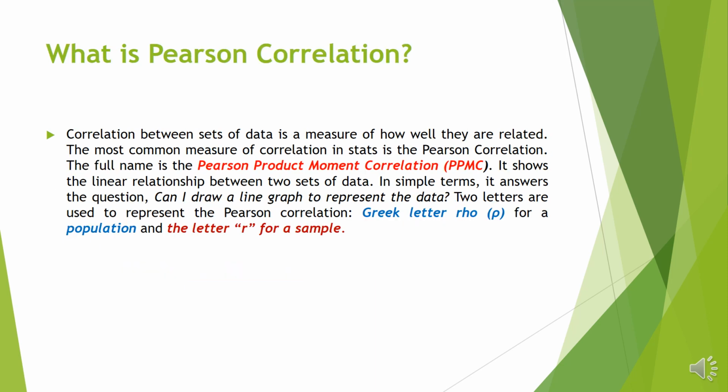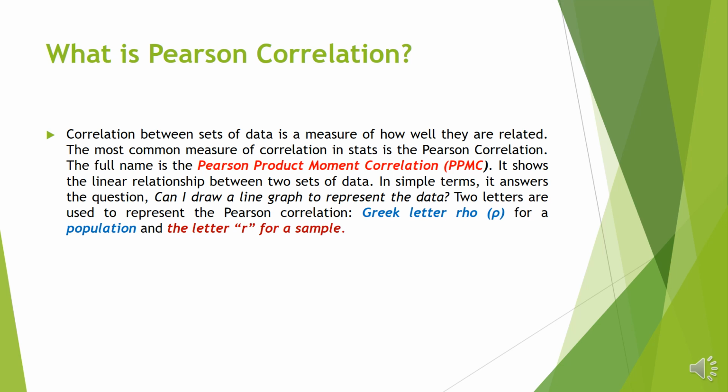Now come to the Pearson correlation. What is the Pearson correlation? The correlation between sets of data is a measure of how well they are related. The most common measure of correlation in statistics is the Pearson correlation. The full name is the Pearson Product Moment Correlation, PPMC.